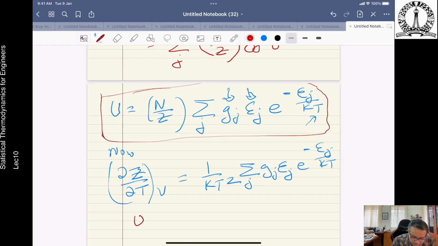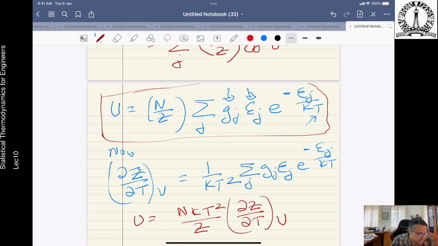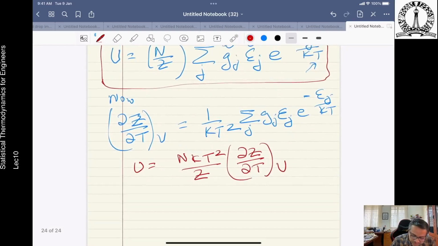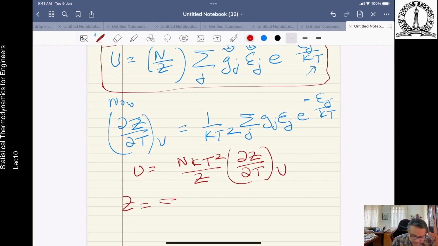If you look at the terms, U can therefore be written as N kT squared by Z times dZ by dT at constant V. Z we already know: Z was given as the summation over j of Gj exponential minus Ej by kT.